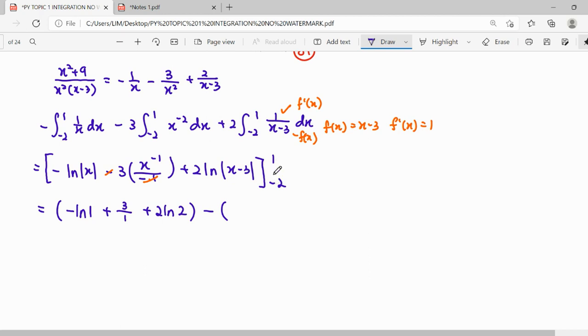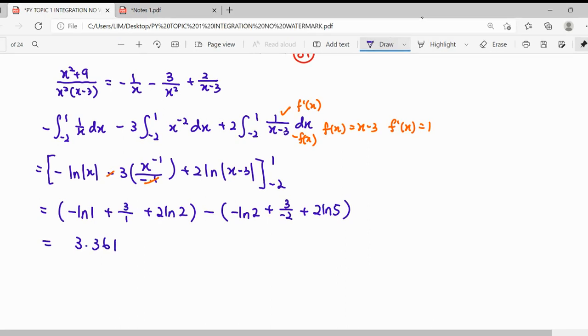So we substitute our lower limit negative 2 here, and it will be positive 2. So this negative 2 we put here. Okay, so it will be 3 over negative 2. Then negative 2 we put here, this is negative 5. So after we take the modulus, we will have positive 5. Okay, so we just figure it out. We just press our calculator to get our decimal answer.